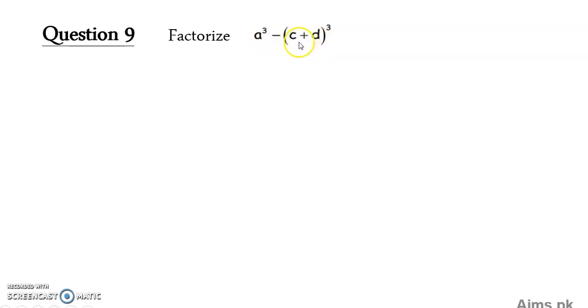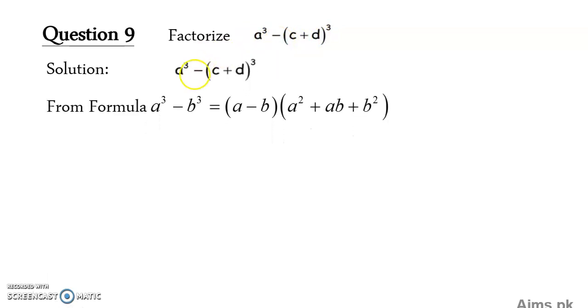It is just 1 term. Again, the question is given in the form of difference of the cubes. So let's apply the formula. This is the formula: a cube minus b cube is equivalent to a minus b into a square plus ab plus b square.